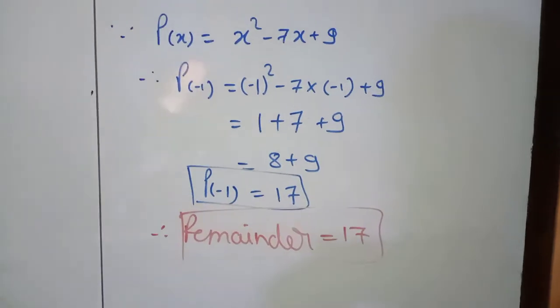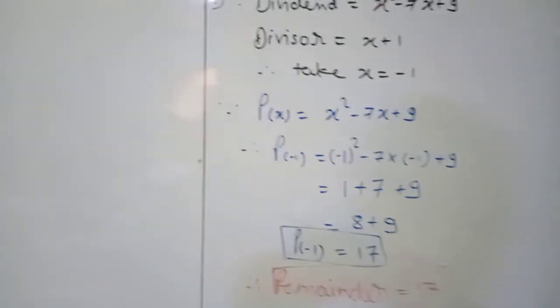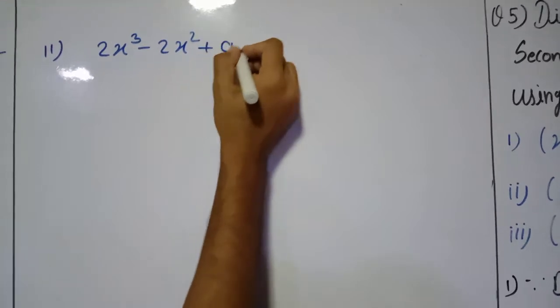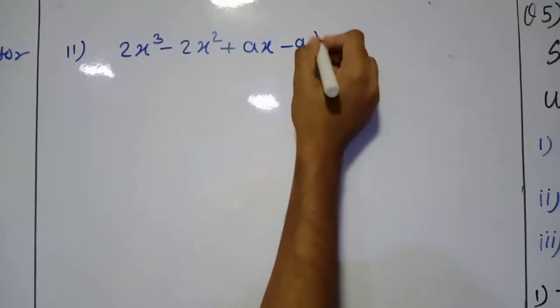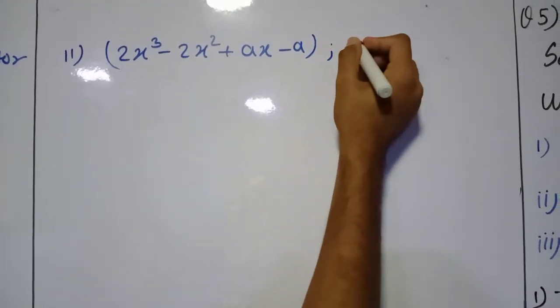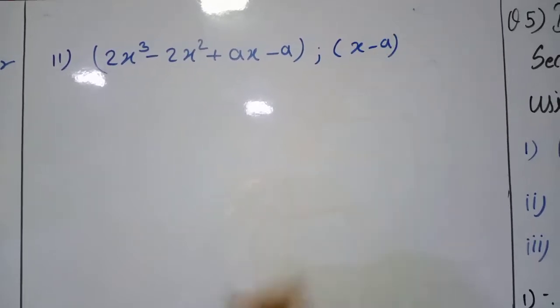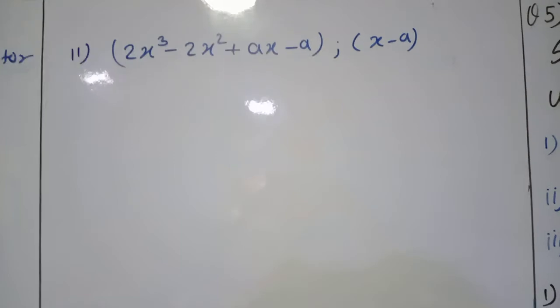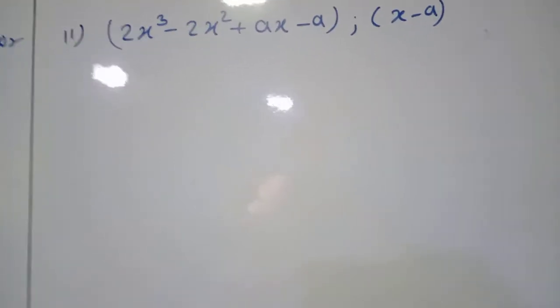Now we have the question number 2, that is 2x cube minus 2x square plus ax minus a divided by x minus a. As it is, we have written the divisor.